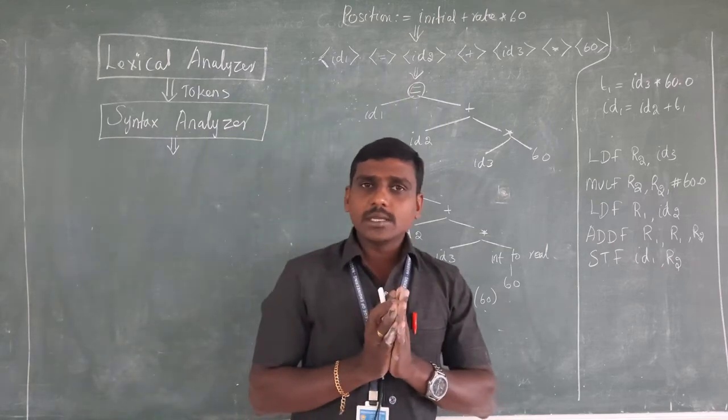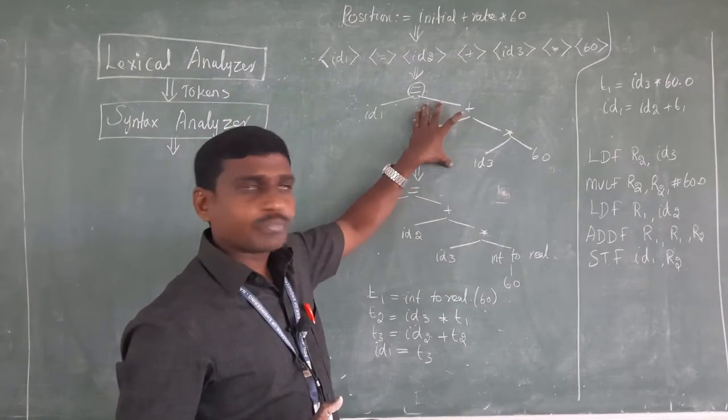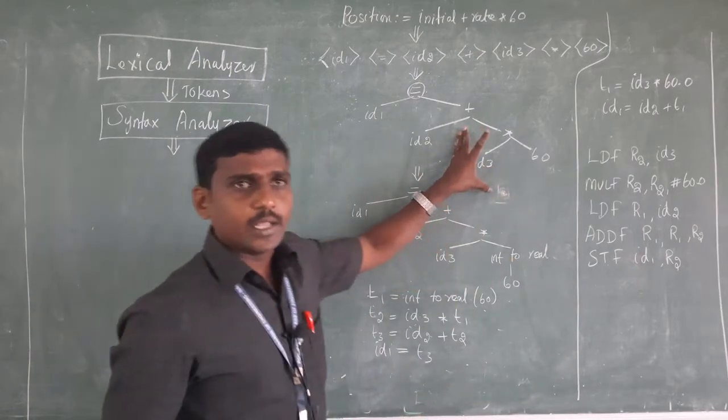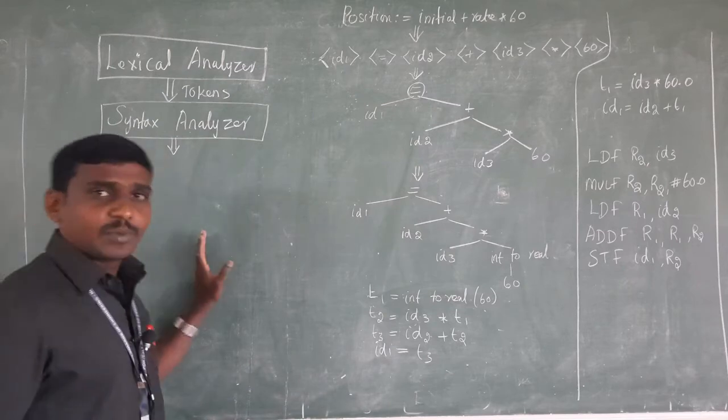Can you get it? Why is this syntax tree important? In order to execute properly, the syntax tree is important. So converting tokens into a syntax tree is the duty of the syntax analyzer.